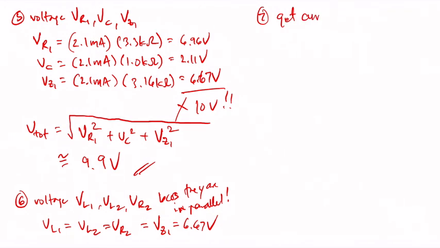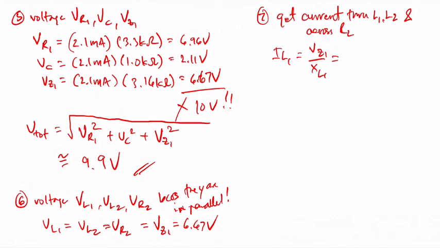And we can easily get the current then. So we can get the current through L1, L2, and across R2. So IL1 is equal to VZ1 over XL1, which is 6.67 volts divided by XL1, which is 5 kilo ohms.